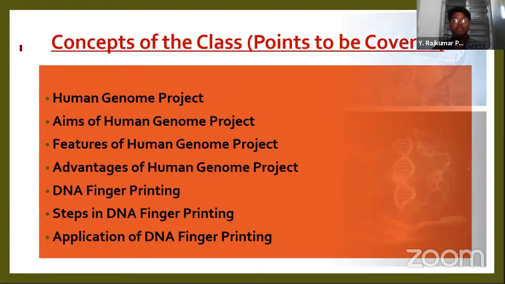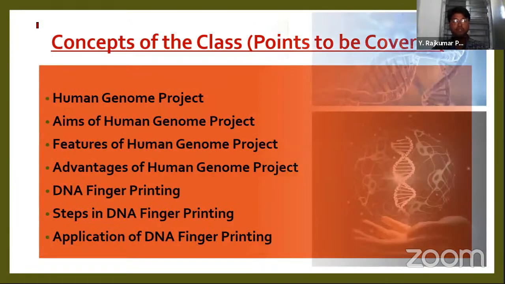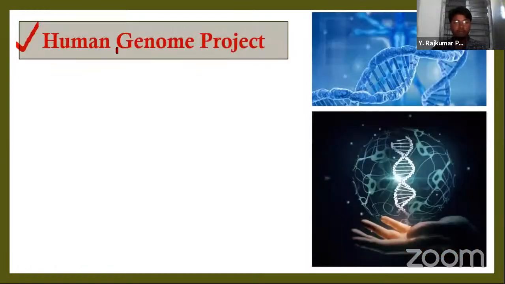Human Genome Project. First of all, we must know what is meant by the genome. Genome is the genetic structure of an individual. One complete set of chromosomes can be called the genome of one particular person.